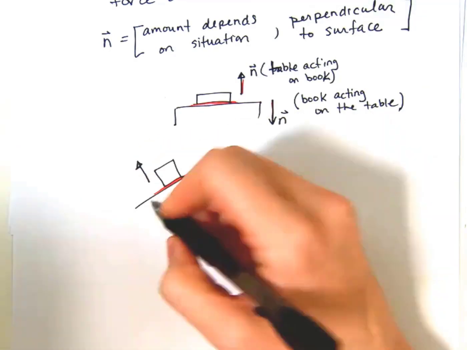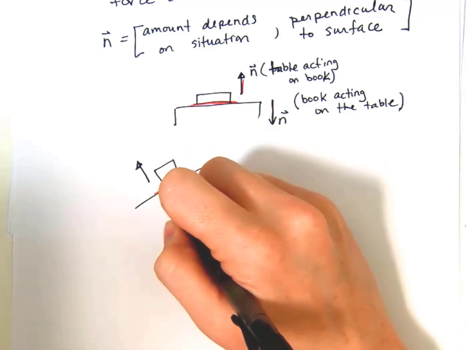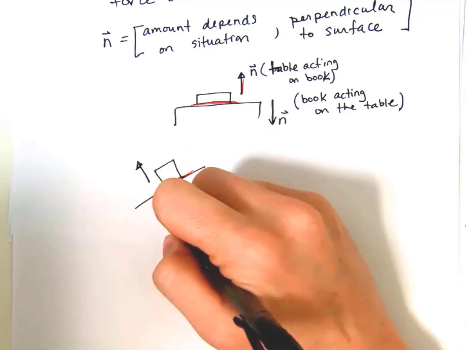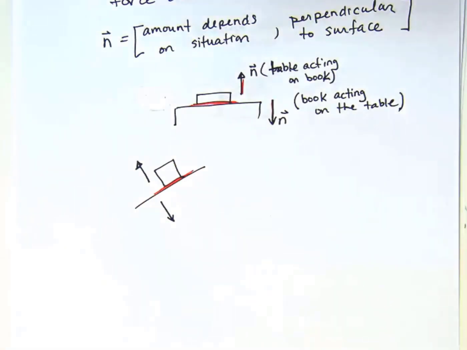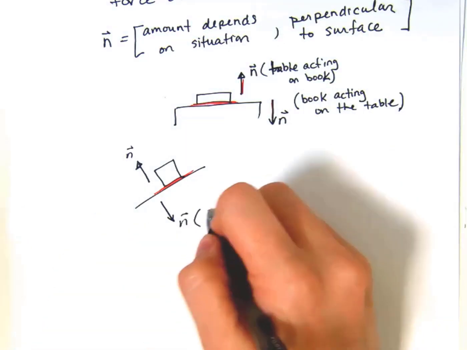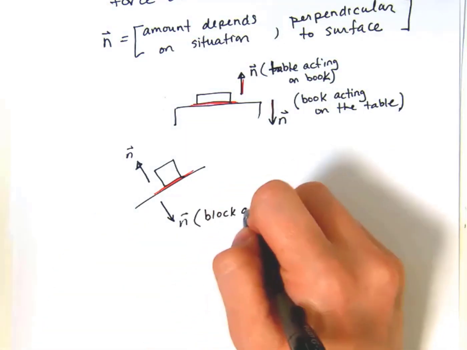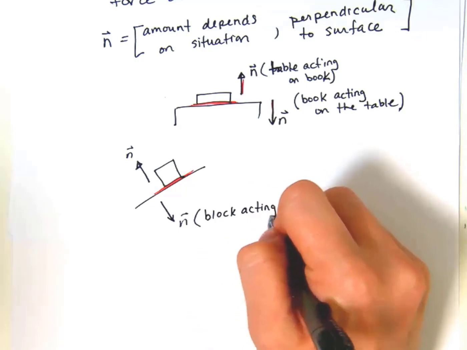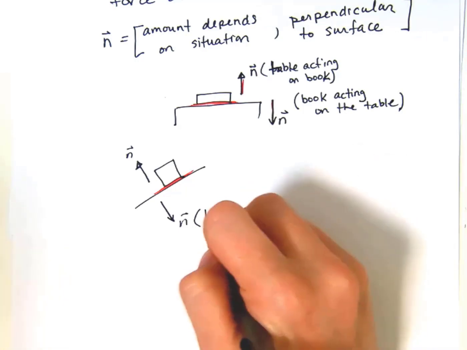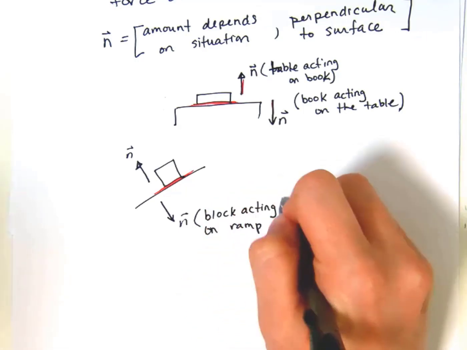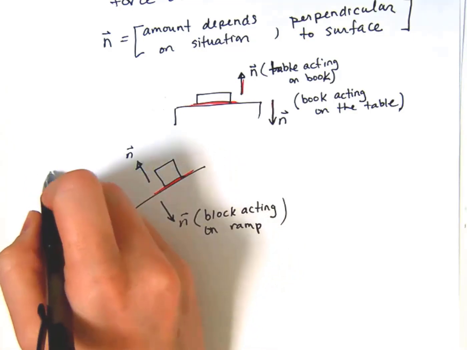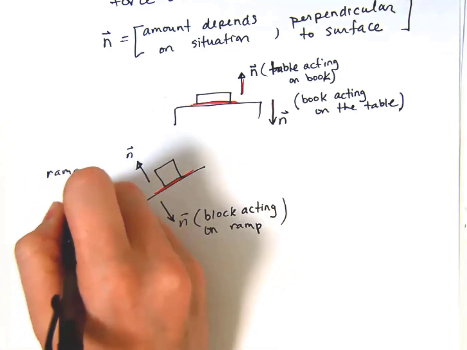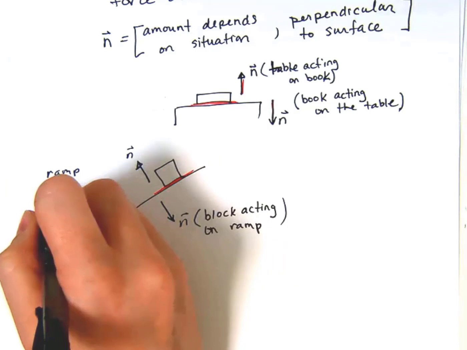And because of that, the ramp would feel a normal force this way. So this one would be block acting on ramp, pushing it kind of down and inwards. And this one would be the ramp kind of supporting the block.